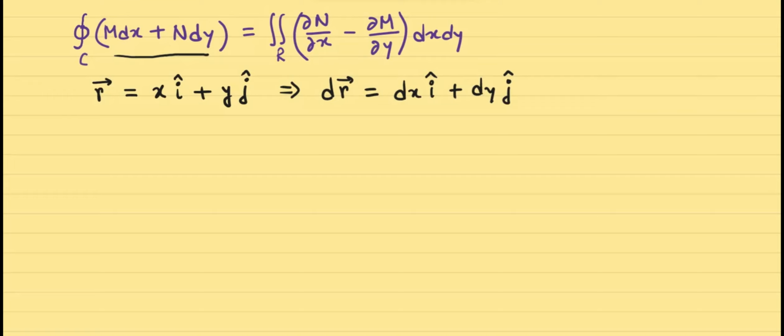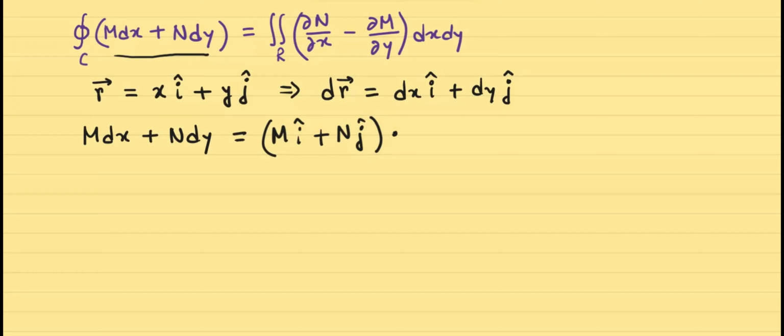So in that case, what we have inside the parenthesis, which is M dx plus N dy, can be written as M i hat plus N j hat, so that's a vector that we are constructing, dotted with dx i hat plus dy j hat.